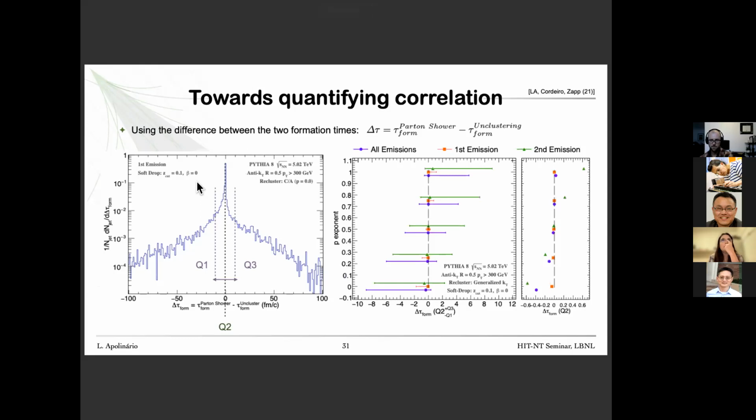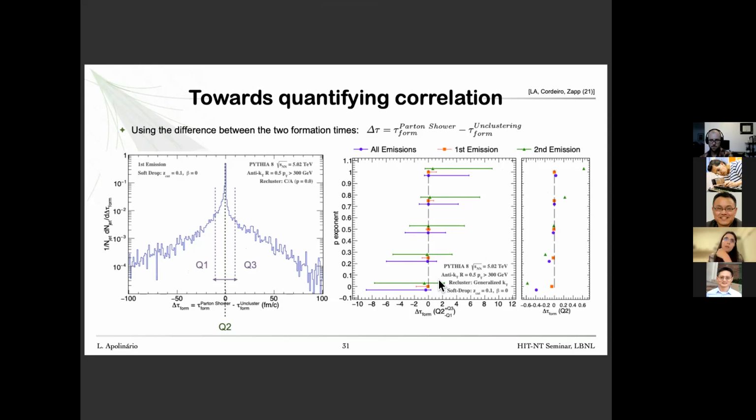Because it's a really steeply falling distribution, we cannot statistically quantify it in a very meaningful way. So we just use the quartile information as a sort of quantitative measurement of the distribution. Here we have the median in the zoomed panel, and we have Q1 and Q3 as asymmetric error bars to give the measurement of the interquartile range.